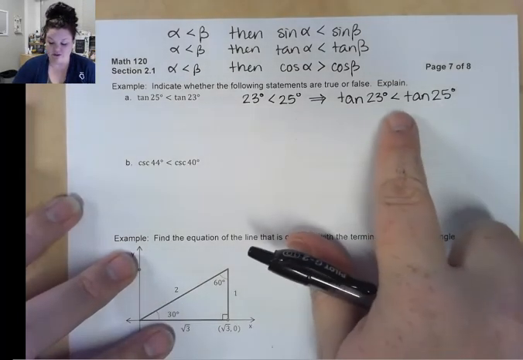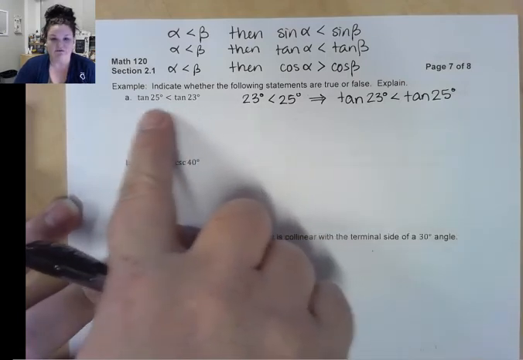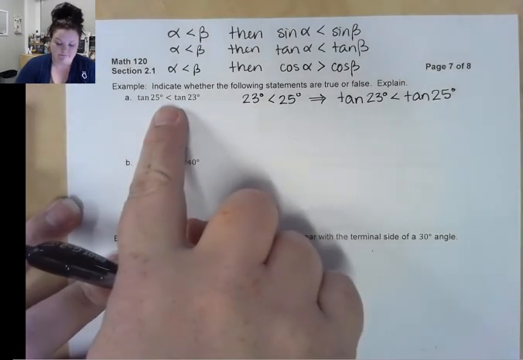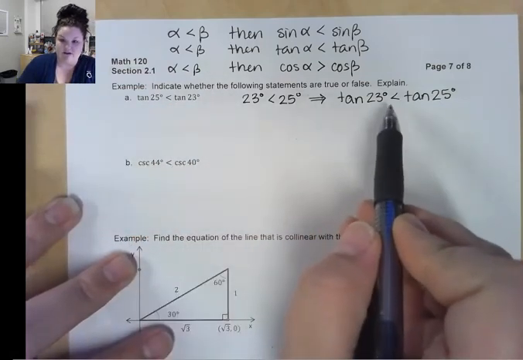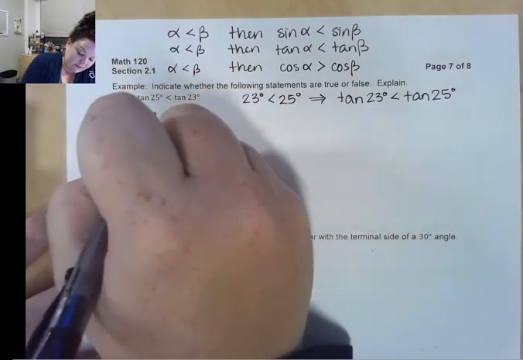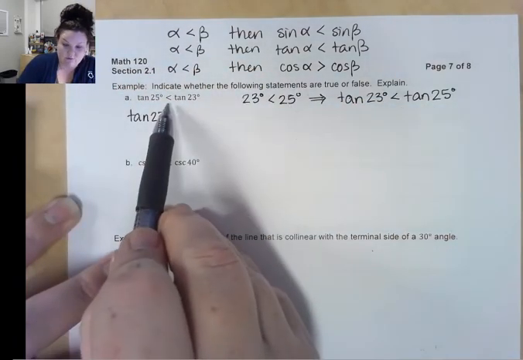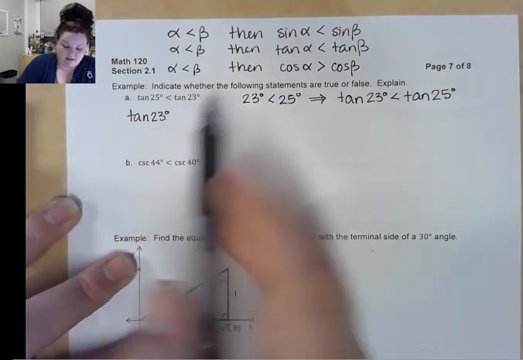So I just want to double check that this is what my statement's actually saying. Now this one has it written in the reverse order, so let's rewrite it with the tangent 23 first so I can see if it makes this correct statement. Notice the way this inequality symbol is written, it's opened up to the 23.